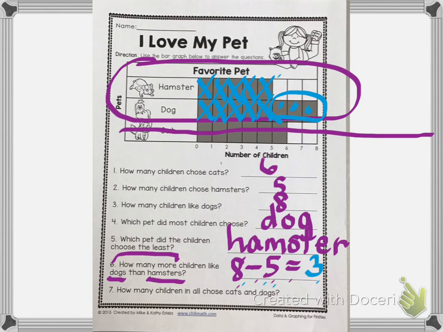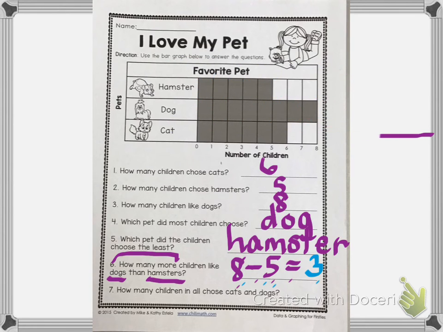All right, looks like we have one more question to answer. I am going to erase all this stuff that we wrote on there because we need to be able to see our graphing questions. All right, now number 7 says, how many children in all chose cats and dogs?